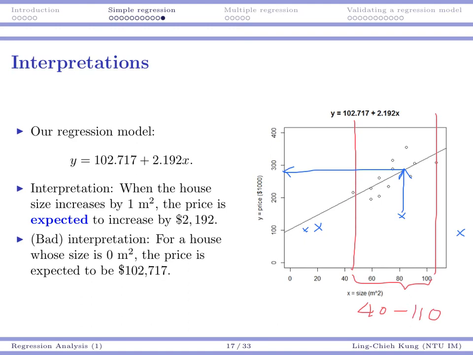Okay, so now we know simple regression is nothing but a least squares estimation. Once we have the intercept and the coefficient for x, we can do interpretations like this. We can say how x affects y.